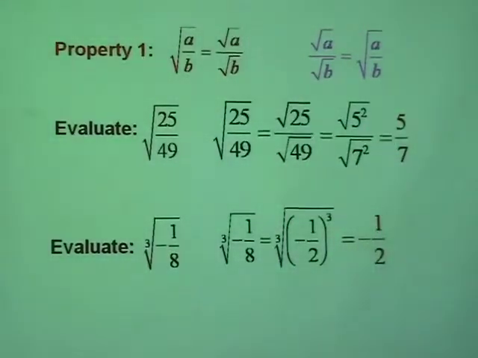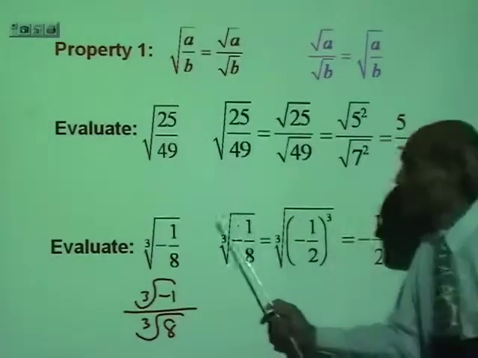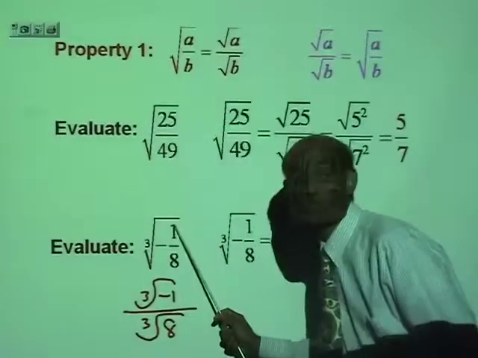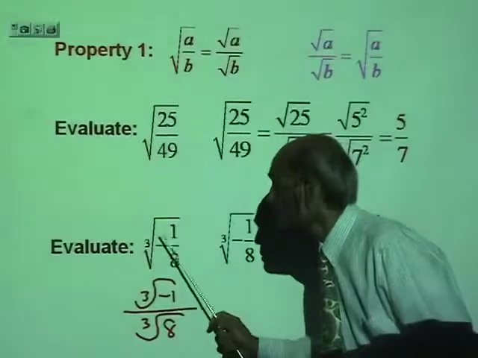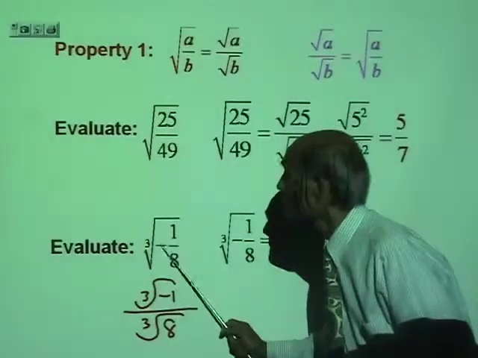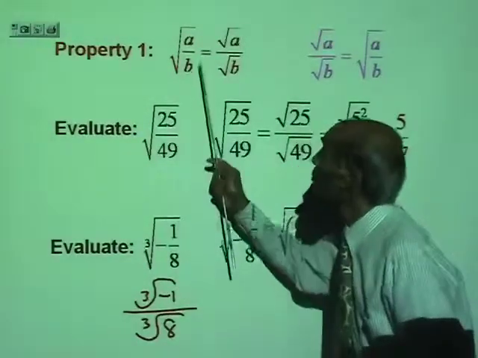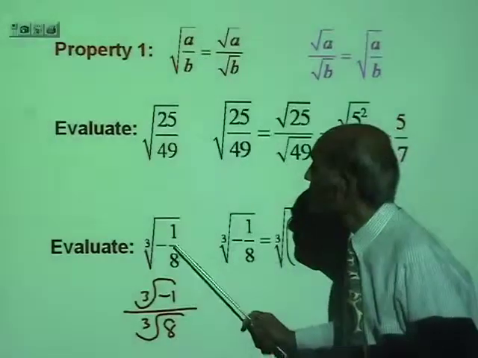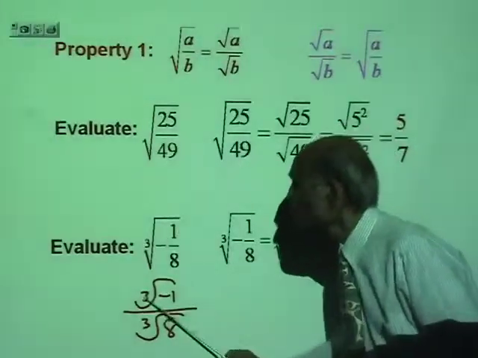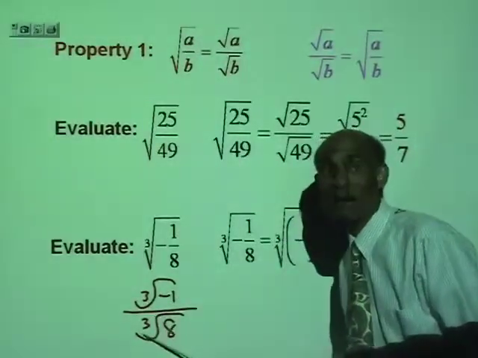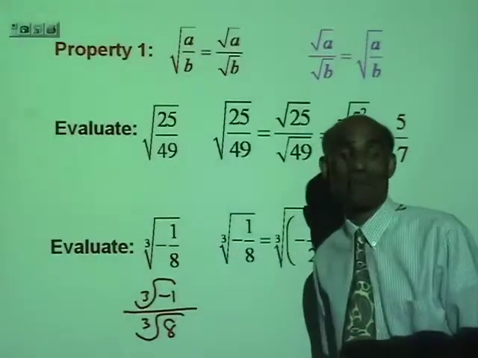So I can write it as cube root of negative 1 divided by cube root of 8. Did you understand that? This negative, I gave it to this 1, the numerator. So cube root of negative 1 over 8, use this property, will be cube root of the numerator divided by cube root of the denominator.